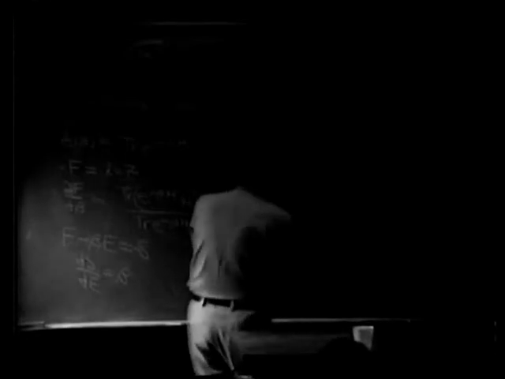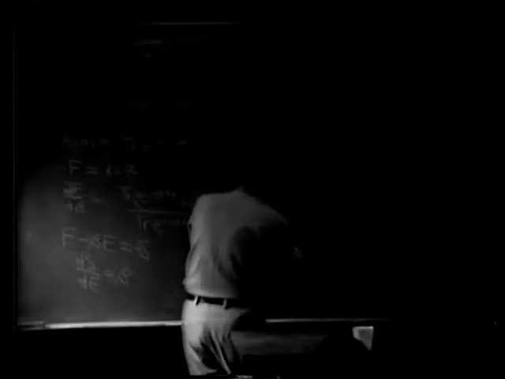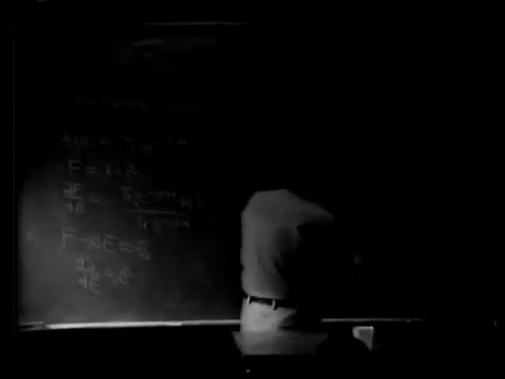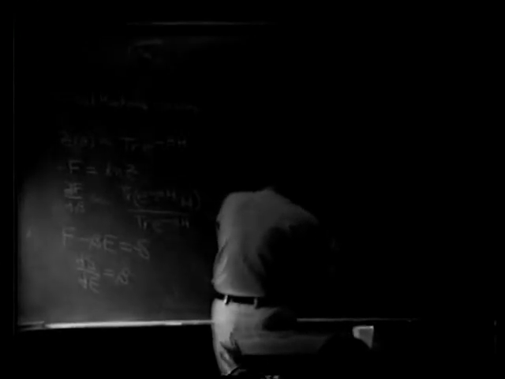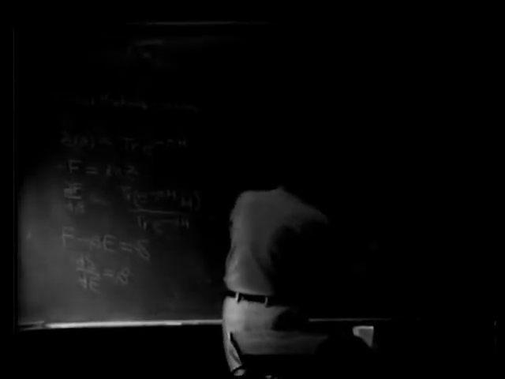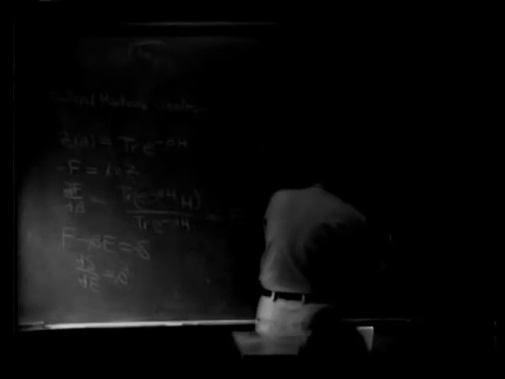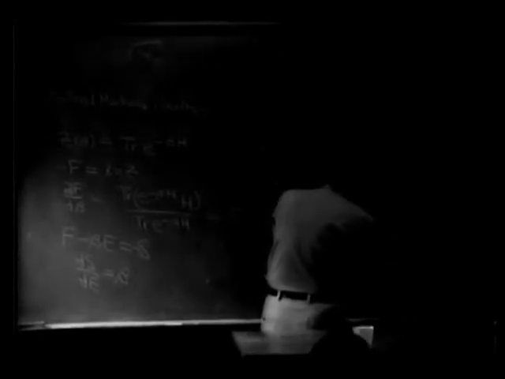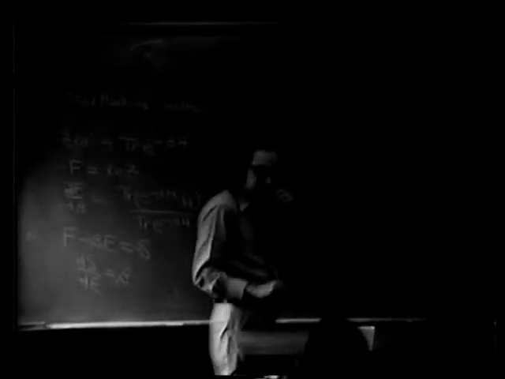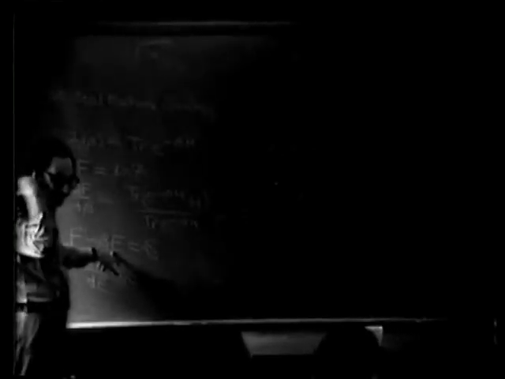And then we make a Legendre transformation. Gamma of phi bar equals W of J minus the integral d4x J phi bar, just like this Legendre transformation here.